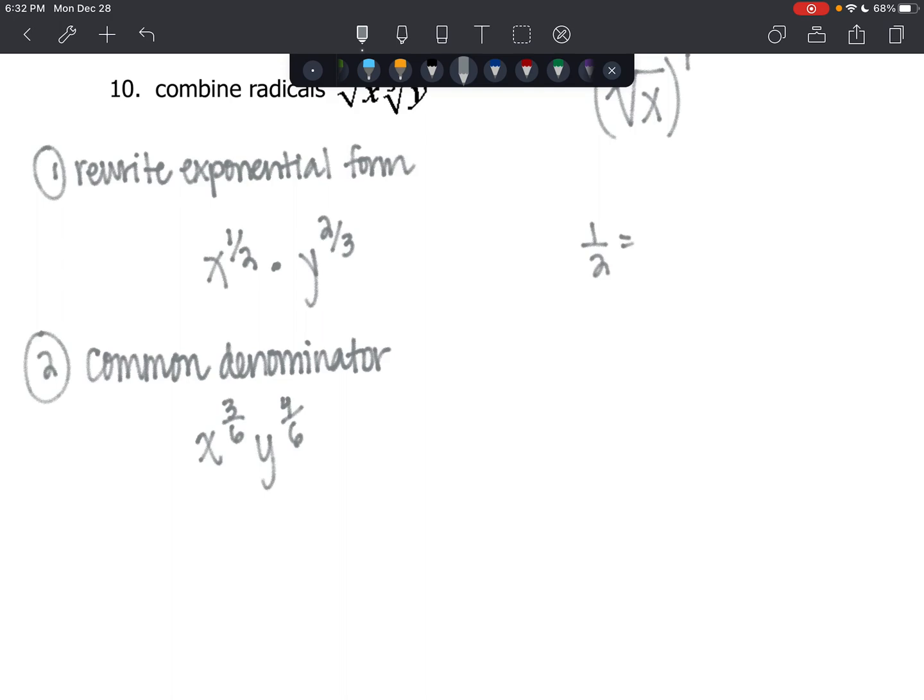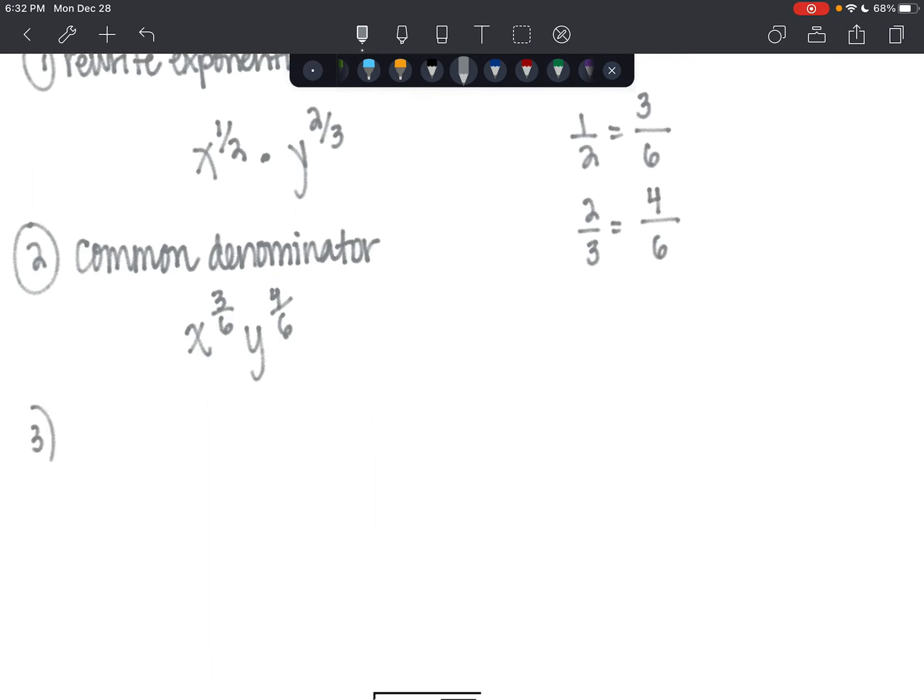So 1/2 equals 3/6. 2/3 equals 4/6. And now we can use that 6 as the common index, right? And then we have x cubed y to the 4th.